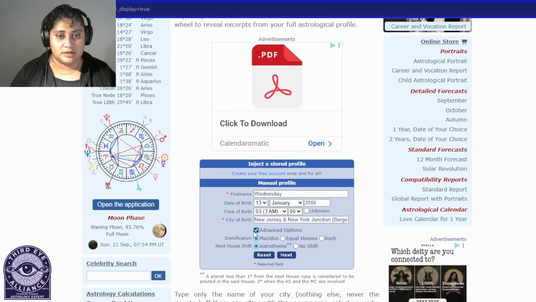But if we go to advanced options, we can play around with the chart, like what the chart will look like. If you wanted to do equal houses system, whatever. That's for later on. I'd like to keep it as is, even though I do equal house systems. I can still do it with Placidus. Okay, anyway. We click next.